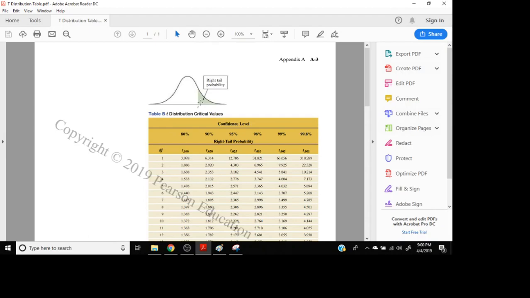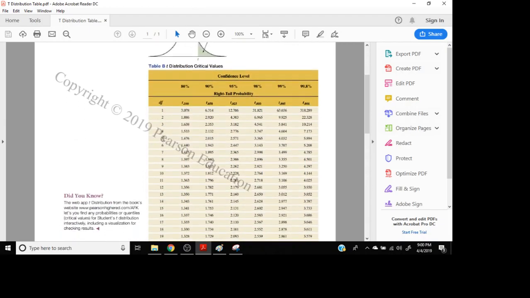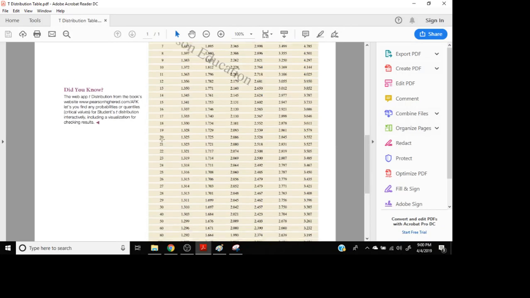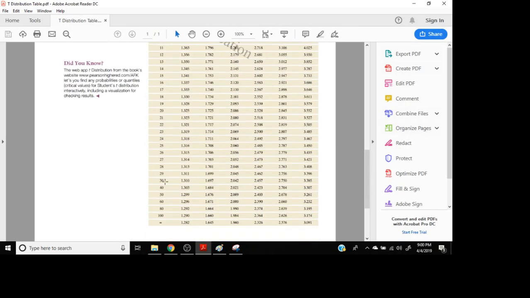So this distribution is different. The degrees of freedom, which I have been talking about, is listed in this first column. Notice we have the degrees of freedom from 1 up until 30. Then it starts to count by 10, 40, 50, 60, it skips over 70, 80, 100, and then infinity.